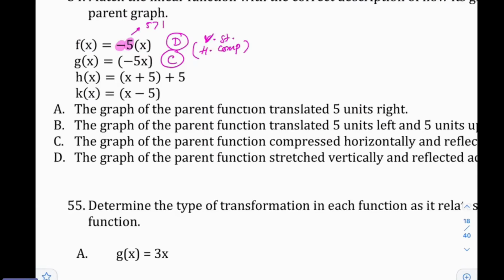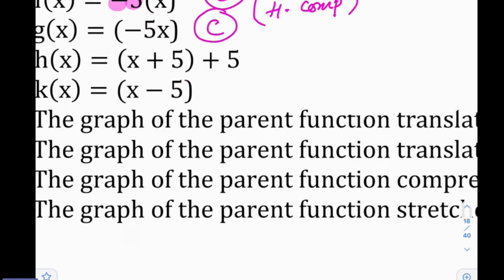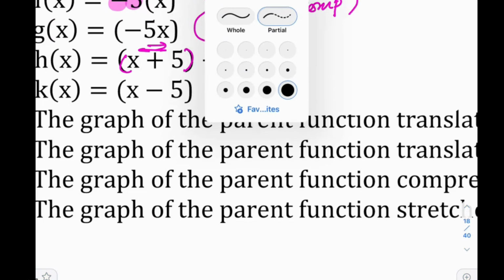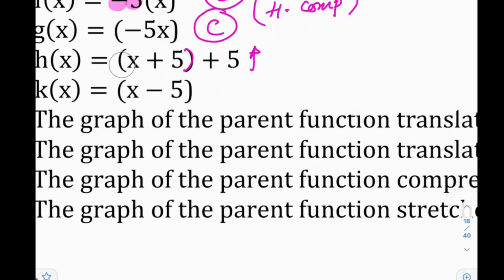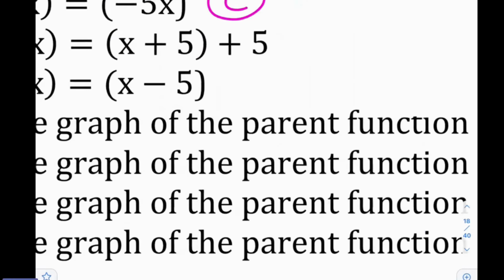Okay, let's see this one. Now this is adding. Adding, in or out, means translation. If it is inside the group, it will affect only left or right. If it is outside, up or down. So let's check the results. Since this is added to 5 inside the group, it means moving to the left.